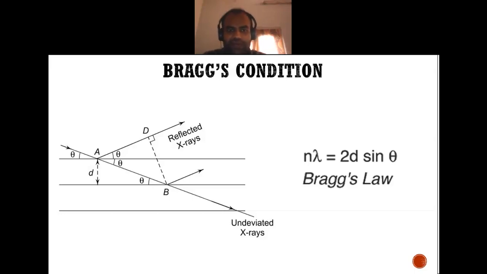I hope by now you know what is constructive interference and what is destructive interference. In that case, we would get a diffraction pattern due to the interference of various rays reflected from various crystallographic planes. Many planes have not been shown here because of lack of space, but there will be many crystallographic planes, and so many reflected X-rays that would eventually form the diffraction pattern.